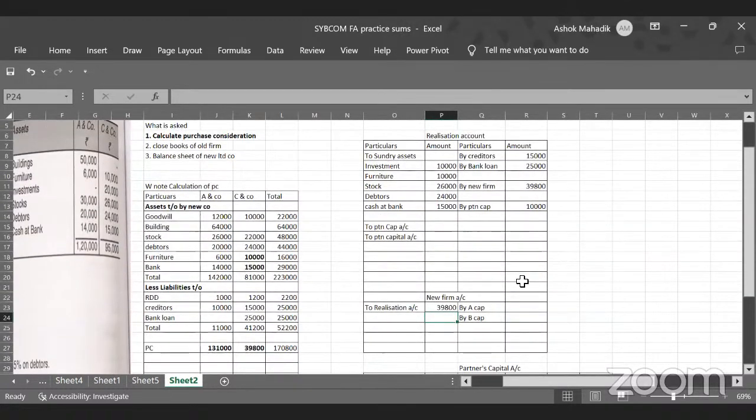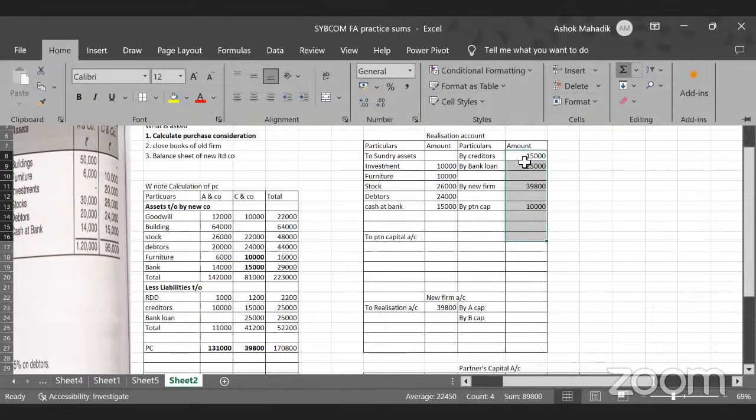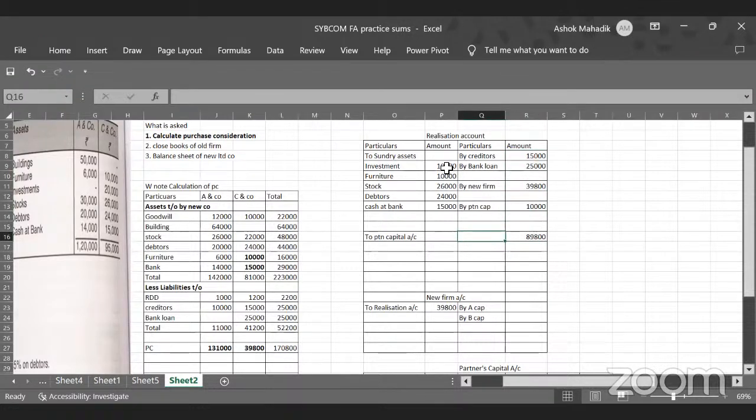Okay. Now we'll close this account. First we'll close the realization account. Let us see which side is heavier. Total of credit is 89,800. Total of debit side is 85,000. Okay.